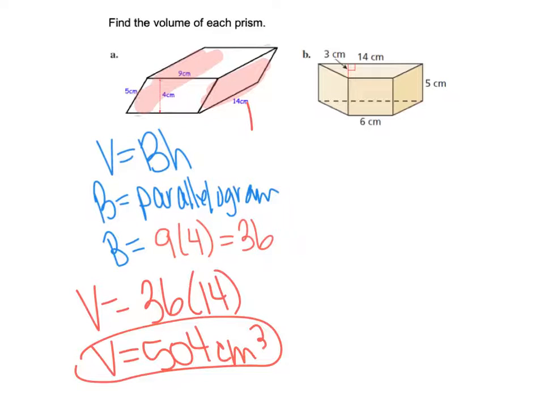The area of the base would have been 14 times 4, and the distance between those two bases would have been 9. So either way that you could have seen it, you could have done 14 times 4 times 9, or that would be 36 times 14, which is the same thing that we got. So depending on how you see it, your work might look slightly different, because sometimes their bases can be different, especially with parallelograms and rectangles and squares. Okay.